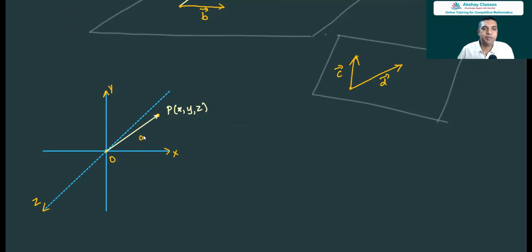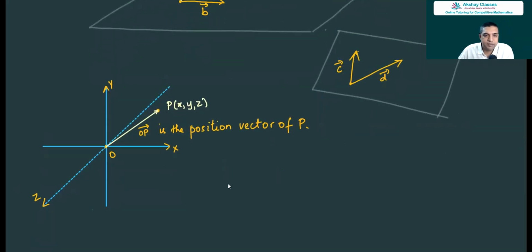So this OP bar is the position vector of P. So we'll discuss further.